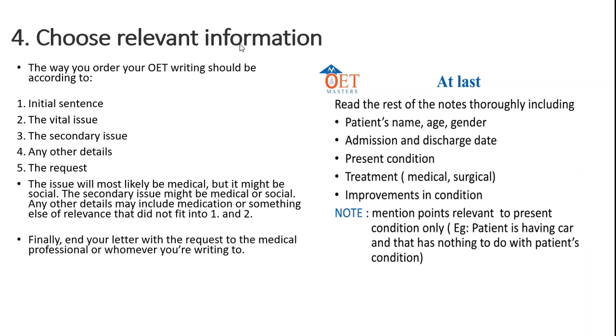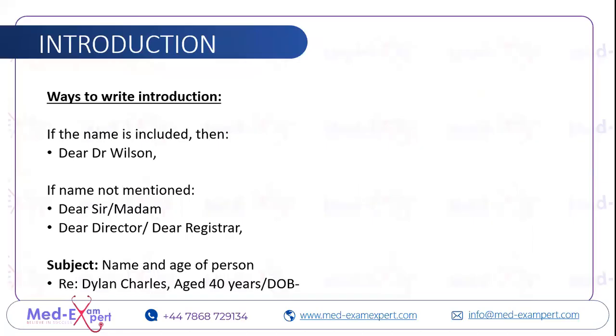Any other details includes your medication or any relevant history of the patient. And finally the request, that is your conclusion: what you are requesting the person you're writing to to do. So this is the main thing you need to understand for choosing the relevant information.